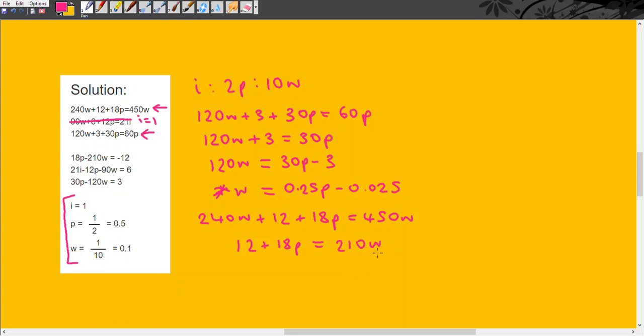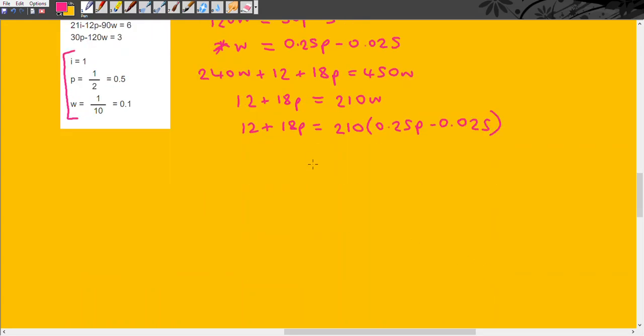Now we know wheat is 0.25p minus 0.025 because we just found that out. So we can just insert that here. So it's now going to be 210 times 0.25p minus 0.025.